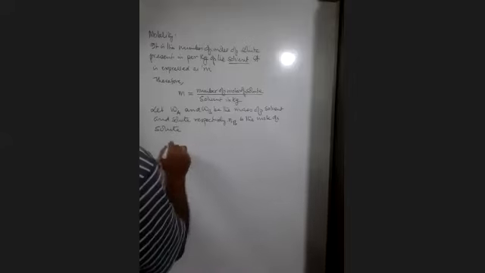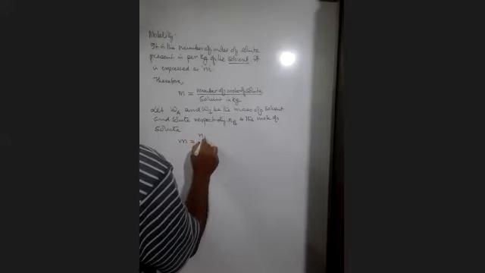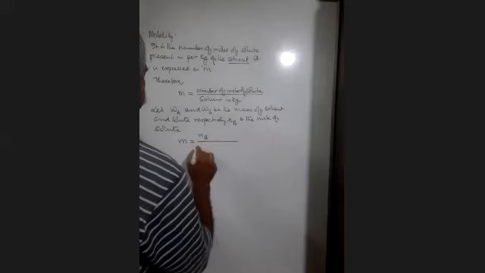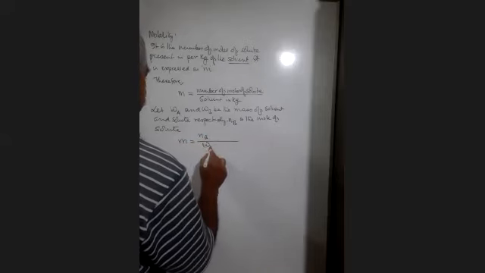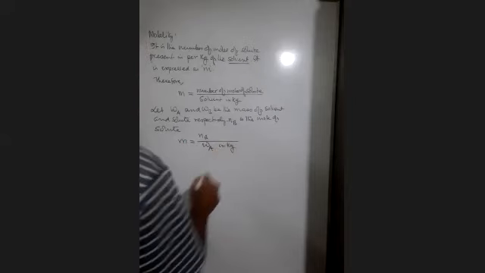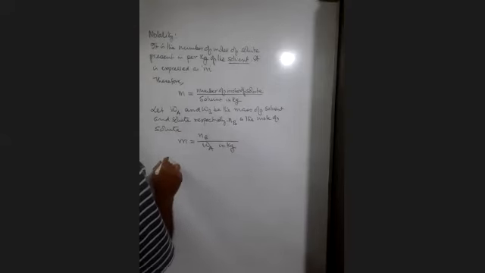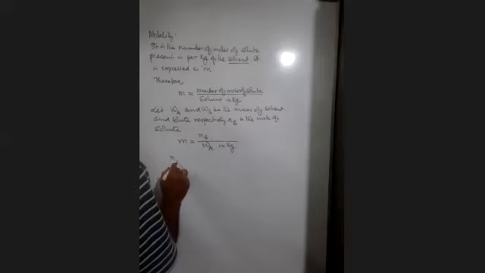Then I'll write now here m is equal to nB by WA in kg. But we know nB is equal to what? Mole, I told you how to find: weight of the substance divided by molar mass.